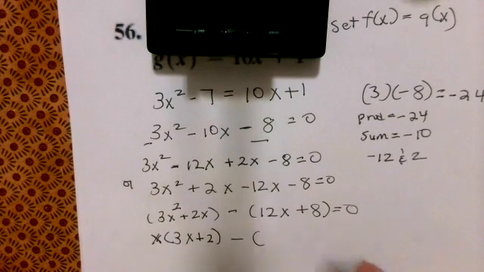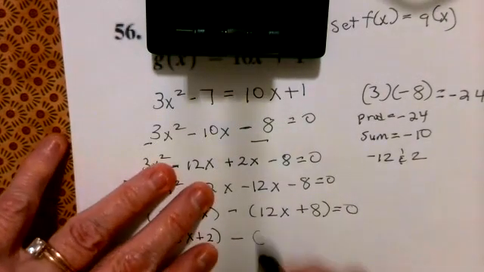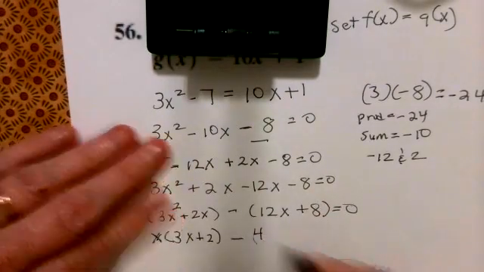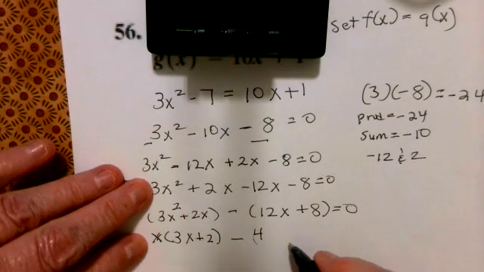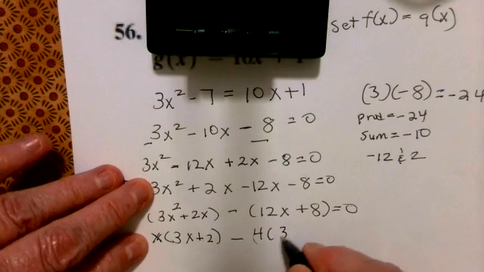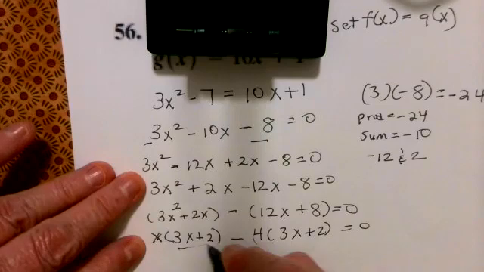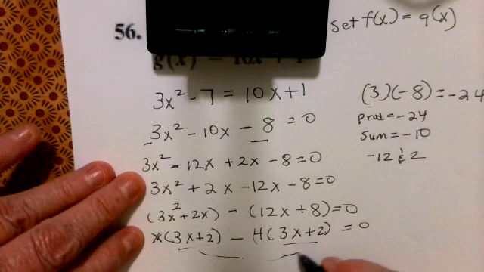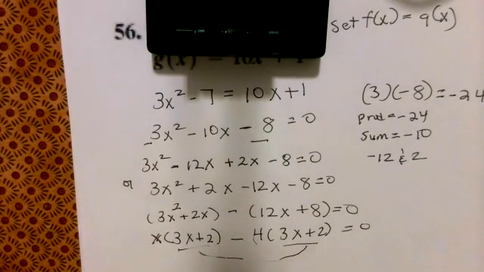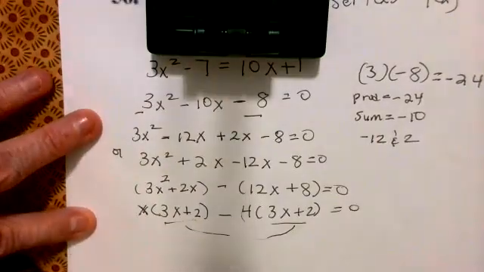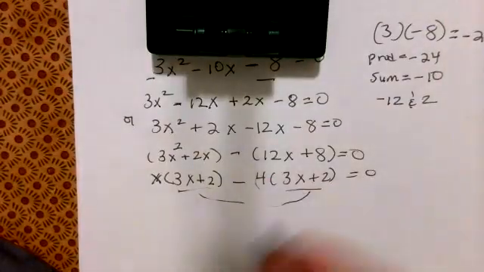And then I can factor a 4 out here, that's the greatest common factor, and I'll have a 3x plus 2. Because if these are not equal, then something's gone wrong, or it doesn't factor, but that's not going to be the case, I don't think, in your problems. So this is the same.